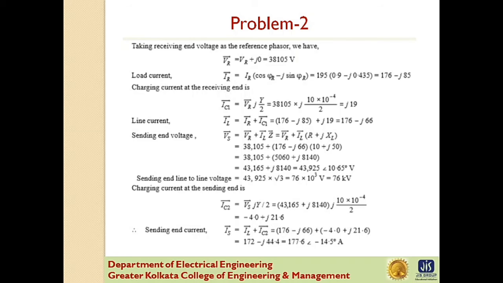By putting the value of IL and IC2, we get the final expression 172 minus J44.4. Now convert it into polar form: 177.6 and angle is minus 14.5 degree ampere.